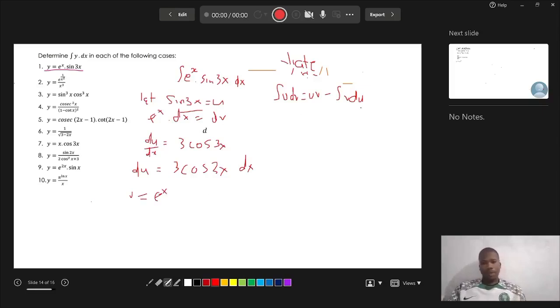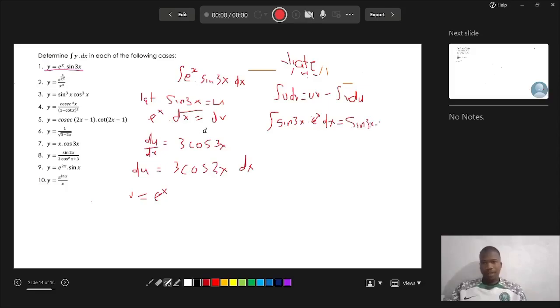So now when we go to substitute into our equation, we get the value. What is the value of u? The value of u is sine 3x. What is the value of dv? The value of dv is e to the power x dx, right? Is equal to, what is the value of u? sine 3x.